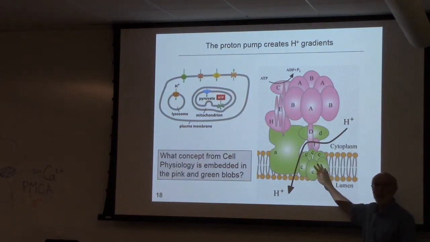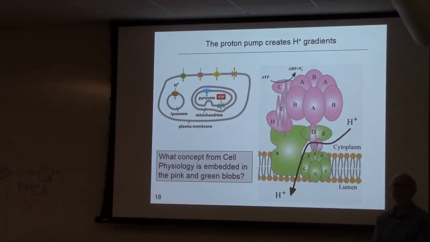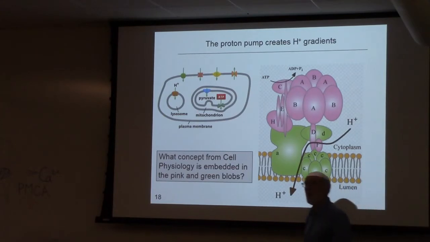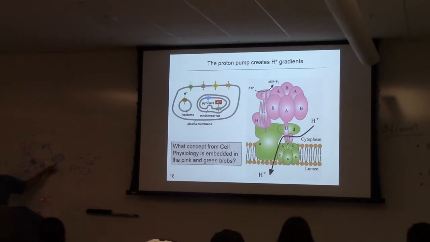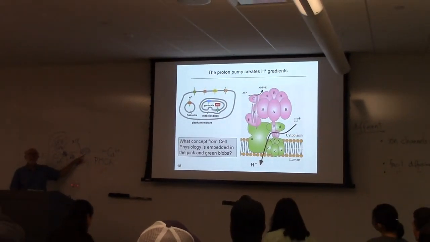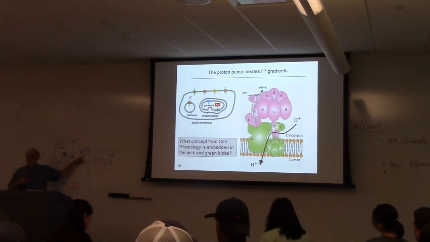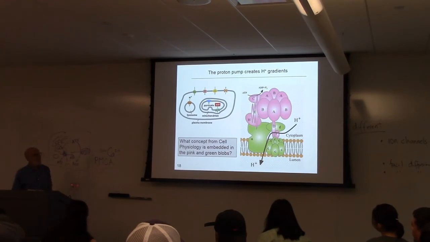We see quaternary structure. We see subunits of multiple proteins blobbing together to form the functional protein. So when I talk about the calcium ATPase, I draw it as a single blob, but it's got multiple subunits. All that protein physiology that you learned in Cell Phys is underneath you, and it's embedded in there as well.